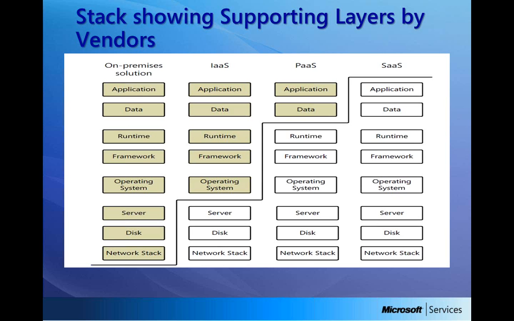You need to set up your own servers. You need to take care of the disk: which disk you want, what configuration you want for the servers, which operating system you want to install, and what kind of application you are developing, based on which you will install the framework. That will provide you the runtime. Then data and application, everything you need to manage here.